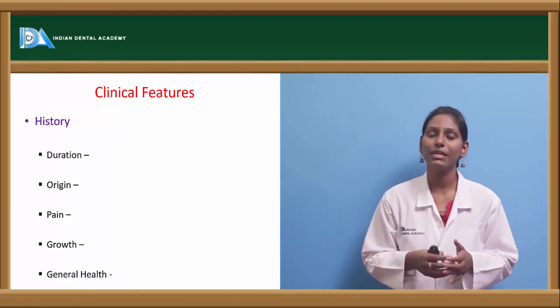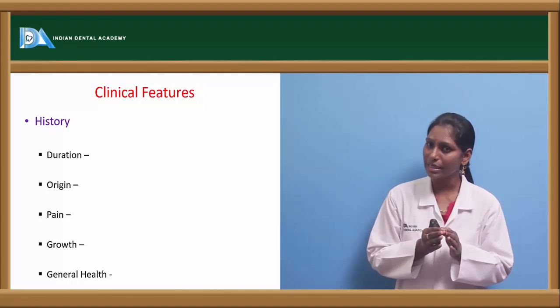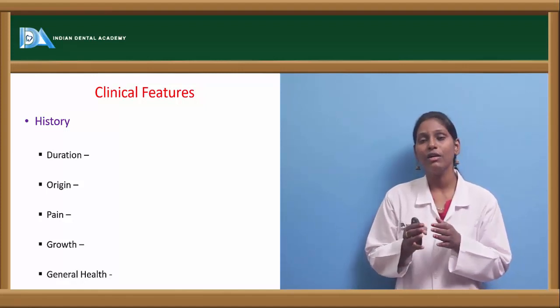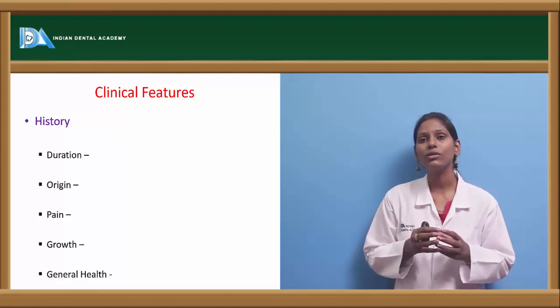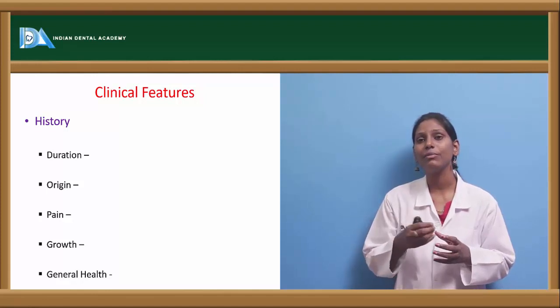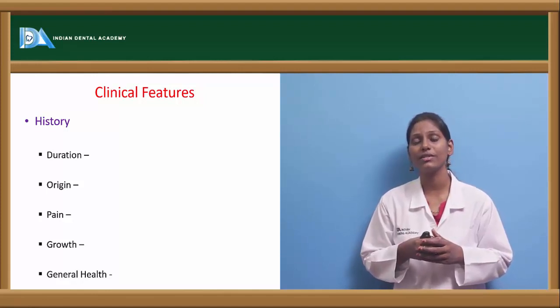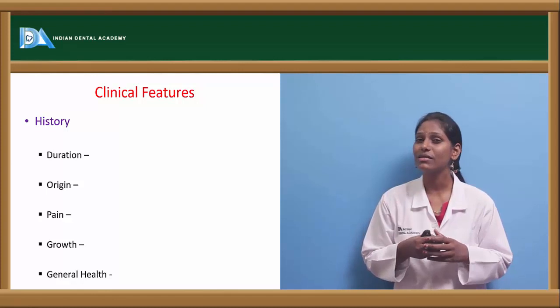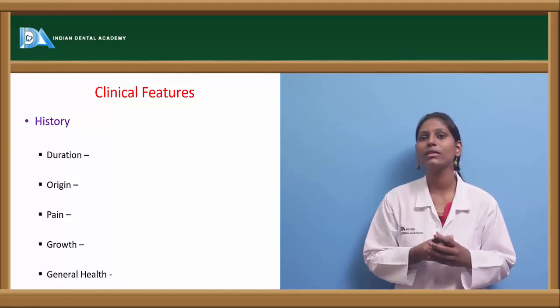And growth: is the cystic swelling the same in consistency, or is it growing in size? This growth also will give us an insight. For example, mucus retention cyst or mucus extravasation cyst is normally seen on the lower lip region.